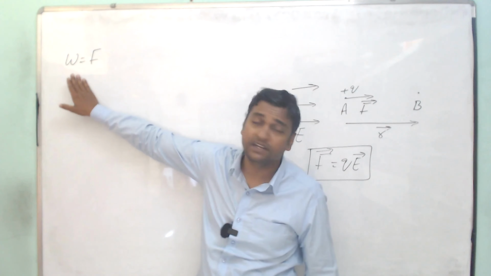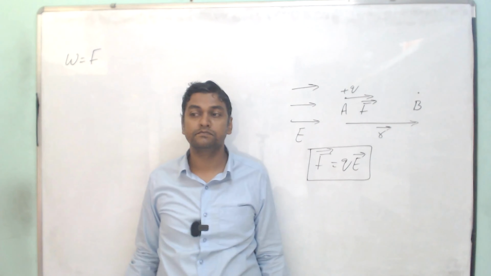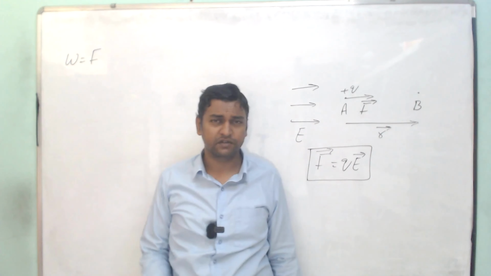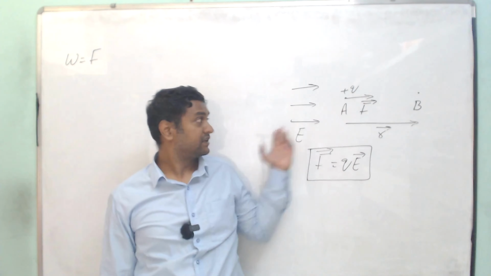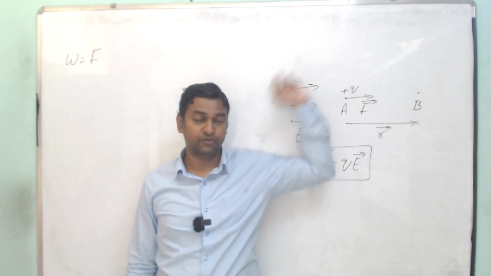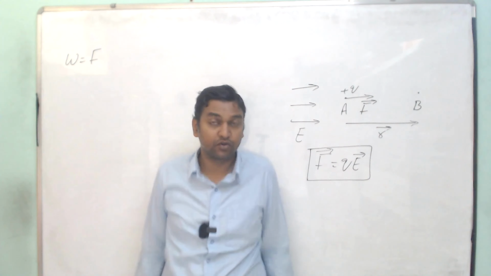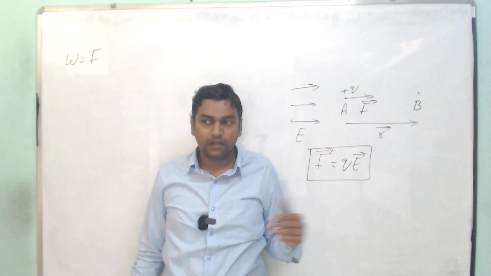So obviously work is done by whom? By that charge plus Q. The charge is the fellow who is being pushed. Someone else is applying that force. Who is applying that force? Due to the electric field. We don't know why this electric field is there.